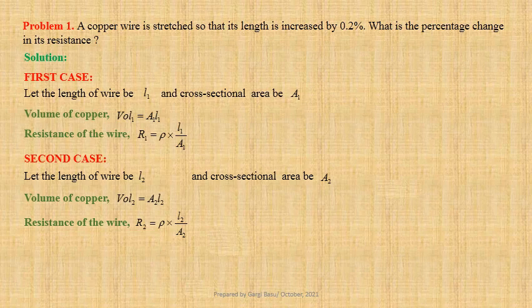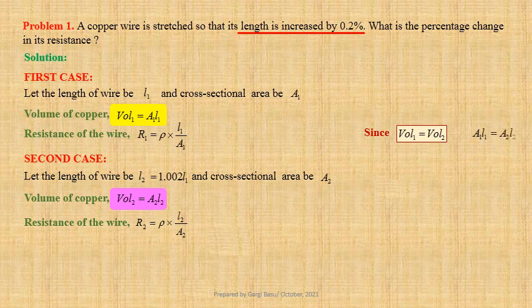According to the problem statement, where length is increased by 0.2%, therefore L2 equals 1.002 times L1. Since Vol1 equals Vol2, A1 into L1 equals A2 into L2.